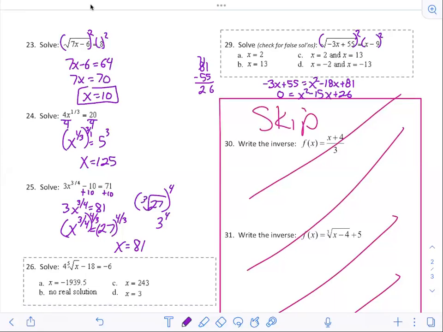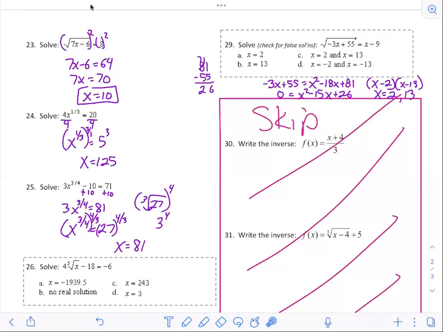We're going to figure out what multiplies to give us 26 that adds to give us negative 15. Negative 2 times negative 13 is 26. Negative 2 plus negative 13. So we get positive 2 and positive 13 as our solutions, but that's where we want to go back up here.